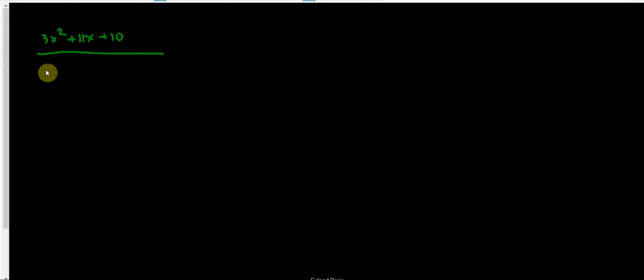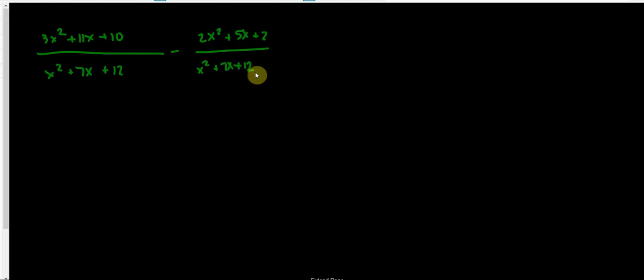And on the bottom, we go with x squared plus 7x plus 12 minus 2x squared plus 5x plus 2 divided by x squared plus 7x plus 12.